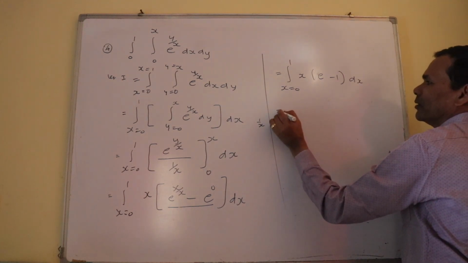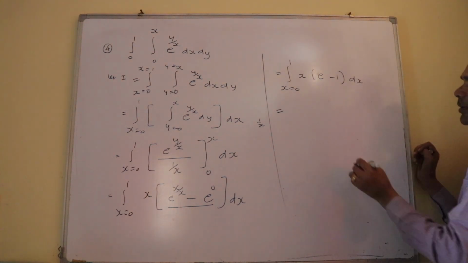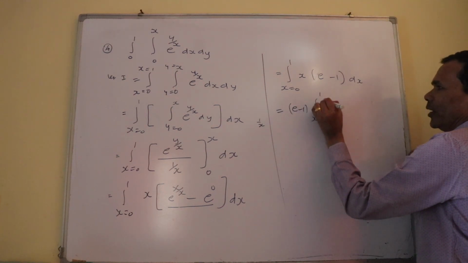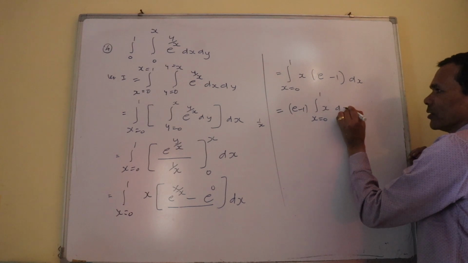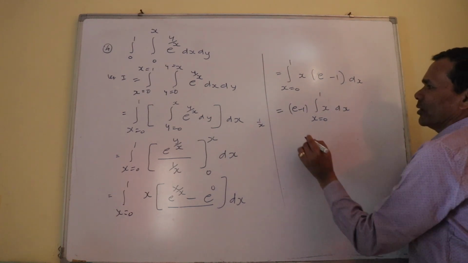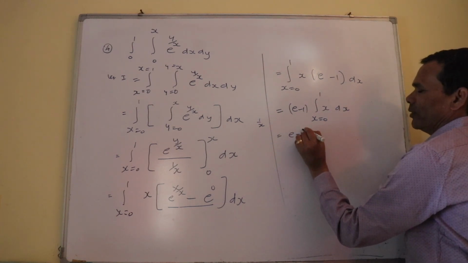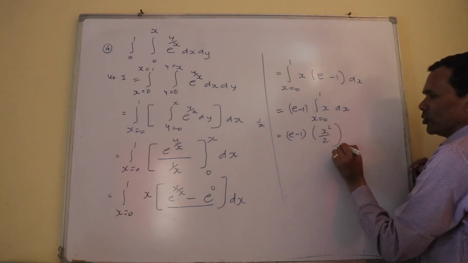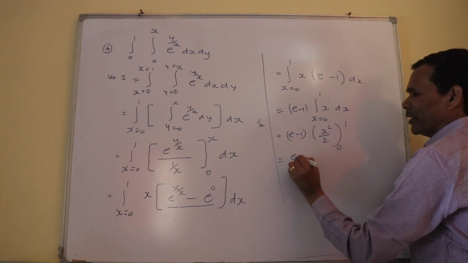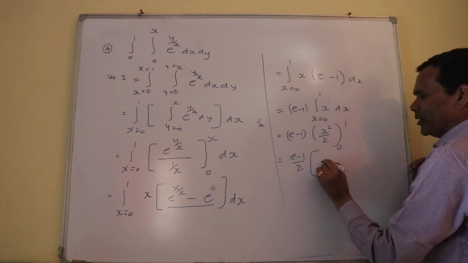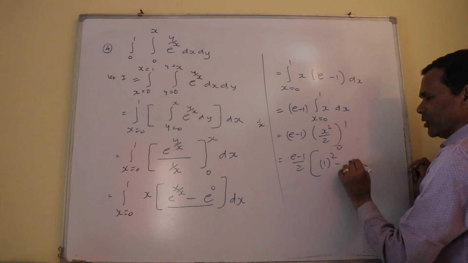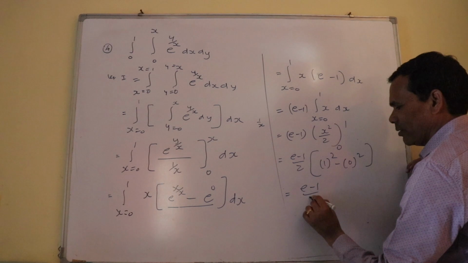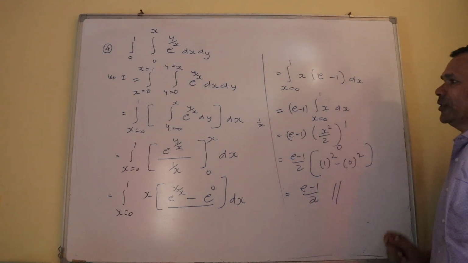So e minus 1 is outside, it is constant, and x from 0 to 1, it is x dx. Now the integration of x square divided by 2, limits applied 0 to 1. So e minus 1 divided by 2, I apply the limits 1 square minus 0 square. So e minus 1 divided by 2 is the value of this integral.